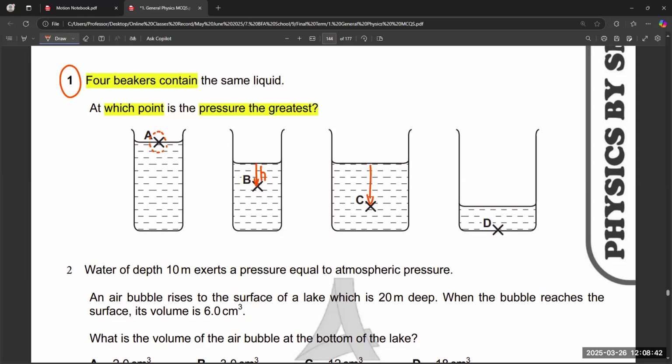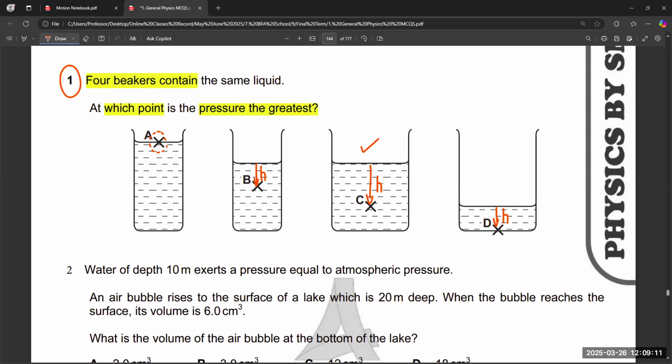In option C, it also covers some depth, and in option D as well. So option C is the right option because the depth is greater, so it will create the greater pressure in this container. Okay. So this is the idea.